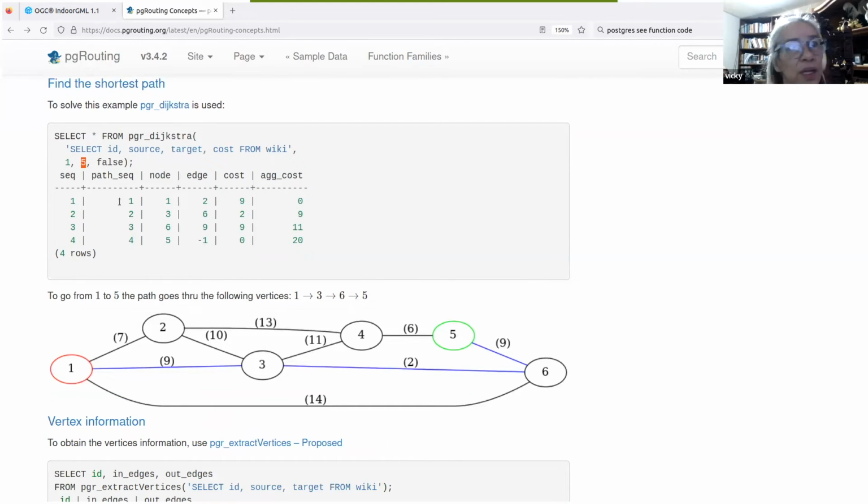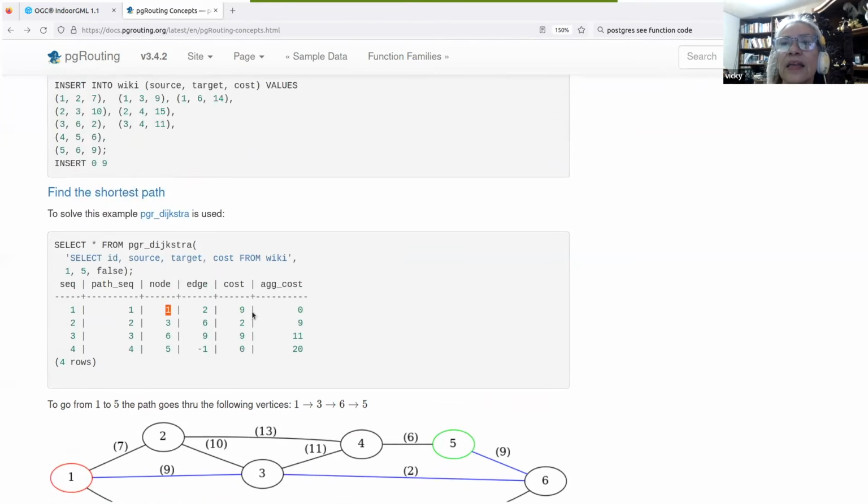And let's see what it gives us as result. It tells us that you have to go from the node 1 to 3 to 6 to 5. From 1 to 3 to 6 to 5. It's marked on this blue line.